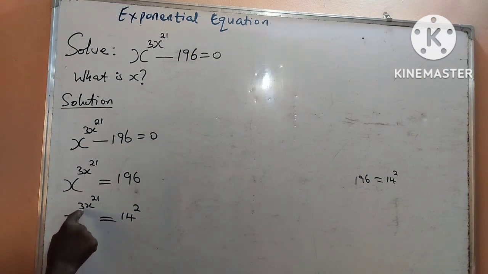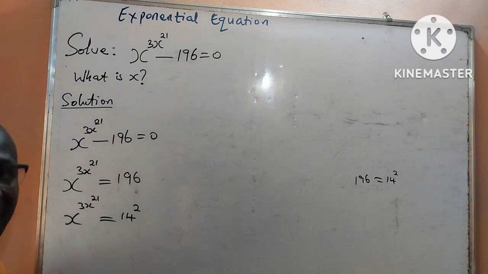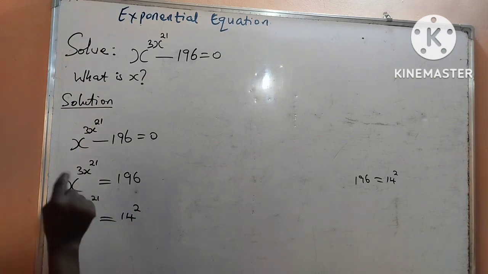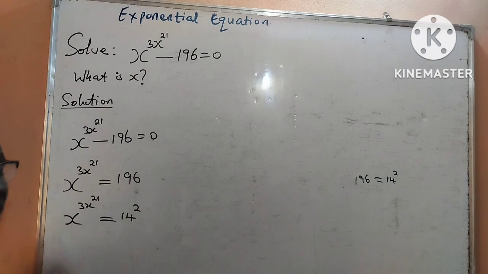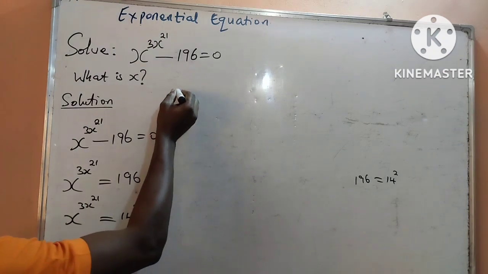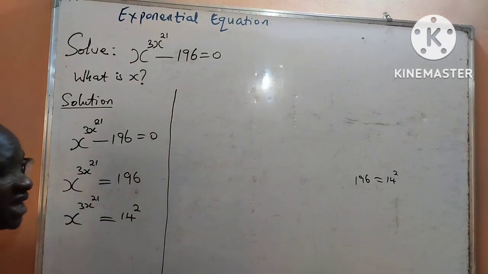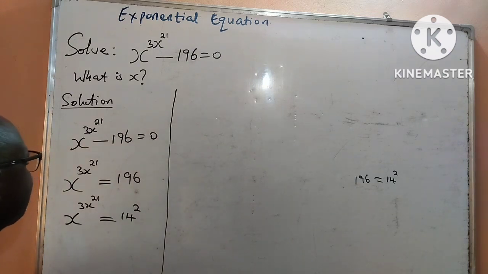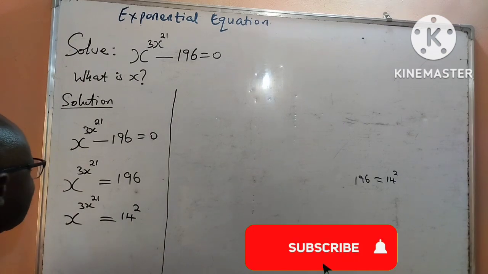And I can only get 21 here by multiplying 3 with 7. So I want to get 21 as the exponent here as well. What that means is that I will now be multiplying both sides of the equation with the power 7. In other words, multiply the exponent by 7.